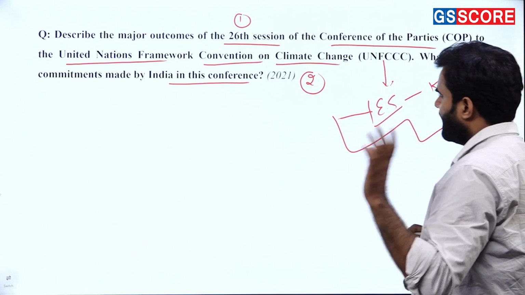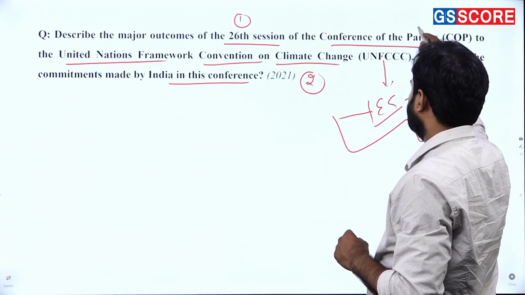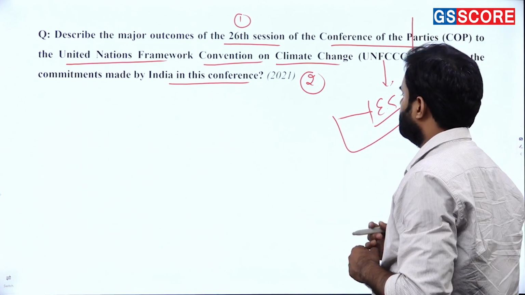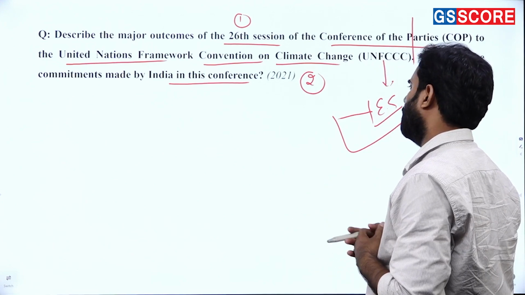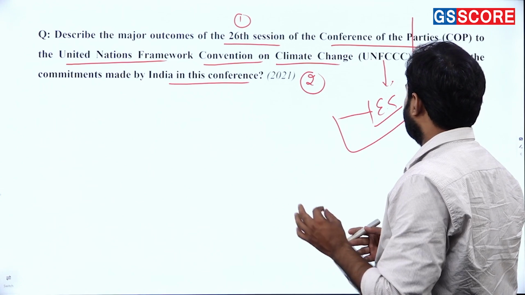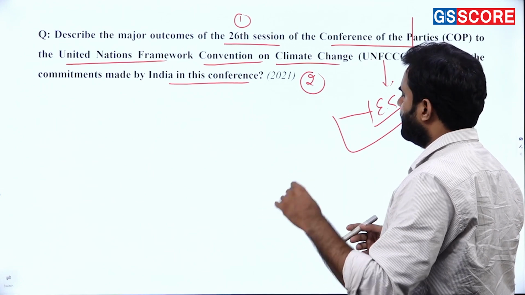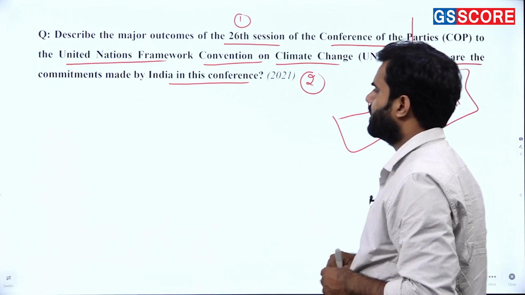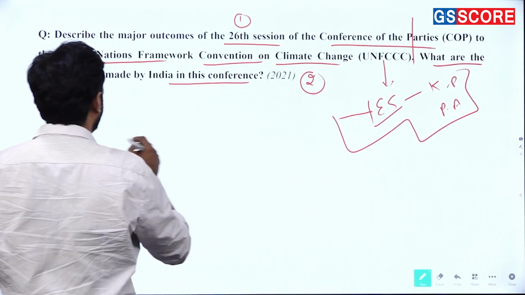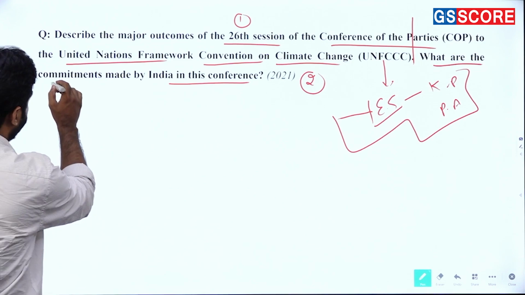Surprisingly, whenever a question comes from the COP or UNFCCC, IPCC, Kyoto Protocol or Paris Agreement, there will be an India connection or India's commitment. What are the commitments made by India in this conference? This becomes very important.